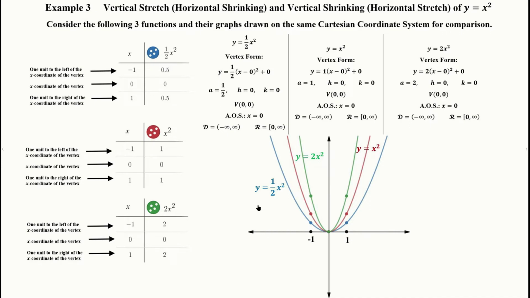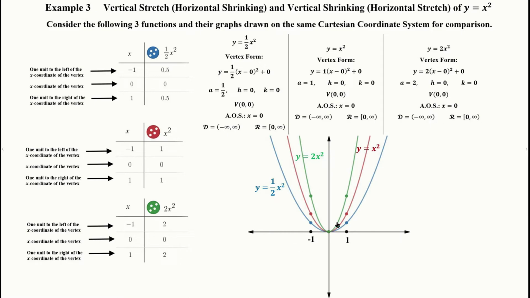Now, if the absolute value of a is between 0 and 1, such as when y equals 1/2 x squared, remember that it's going to be wider than y equals x squared because it's going to be vertically shrunk, which translates into horizontally expanded or stretched, right? All right, so all of them, of course, are going to have the same domain and range, right?